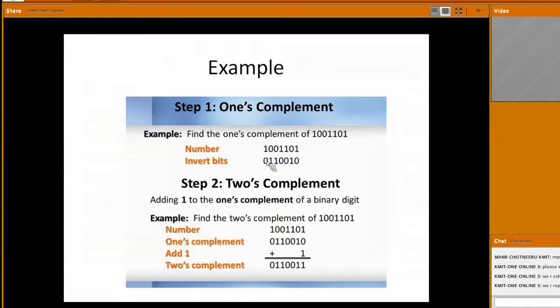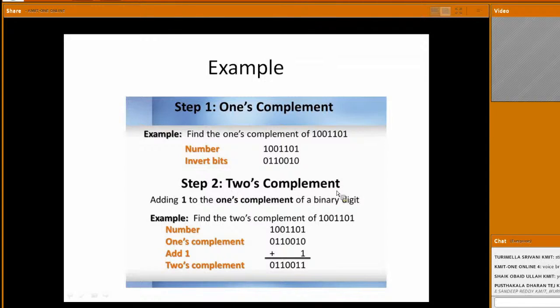Your inverted bit will give the 1's complement. So this 1 is to be converted to 0, 0 to 1, 0 to 1, 1 to 0. This is the content of the number.